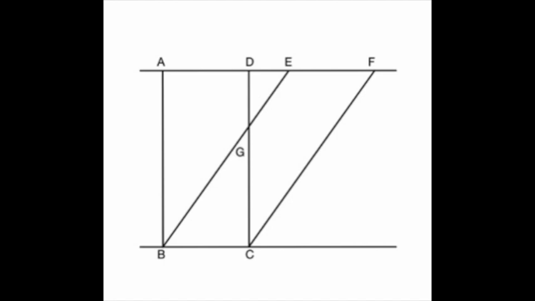This fact results when we look at the proof of Euclid's theorem 35. Note that when Euclid says two figures are equal, he means equal in area.